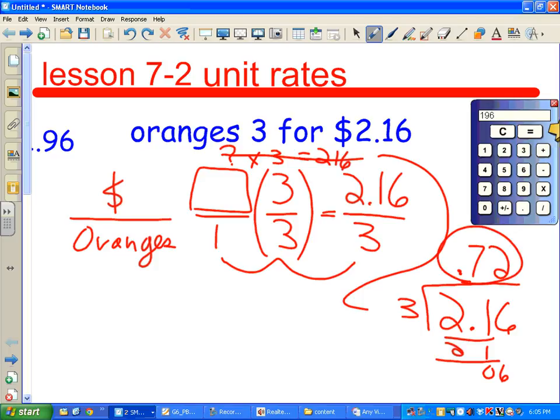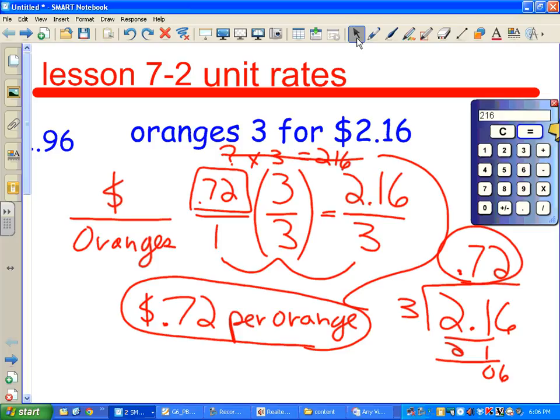So my correct answer is 72 cents. I go back to my calculator, an excellent tool for checking your work, and I do 0.72 times 3, and I get 2.16. So I know that that's what it costs, but I need to put it down completely. So it is going to be 72 cents labeled per orange.